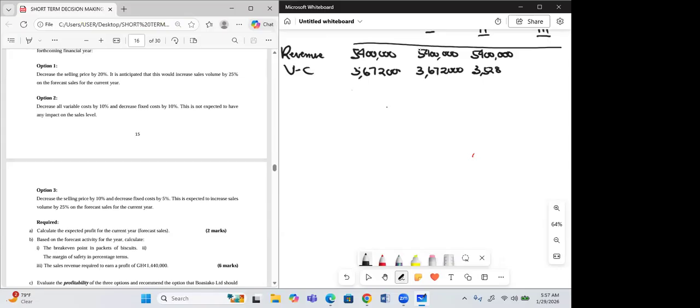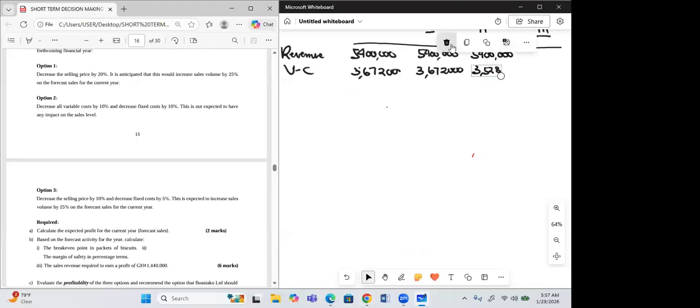No, it's still 720,000. But I thought you said the variable cost is 4.9. No, 4.59. 4.59 times 720,000 gives 3,304,800.